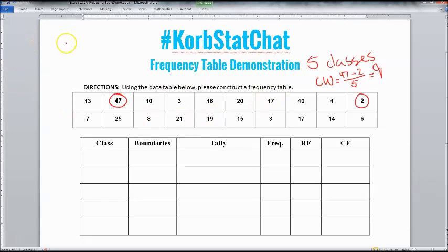So 10 is going to be our class width, and that's how many numbers are in each of our classes.